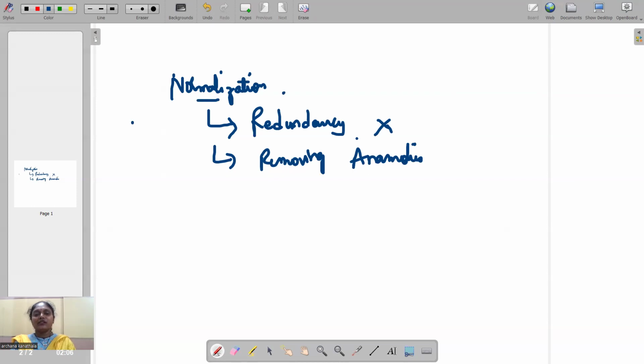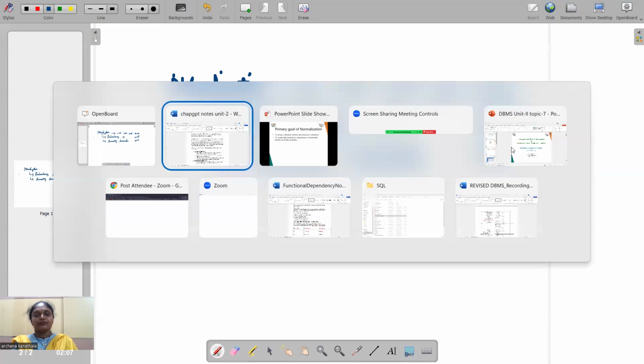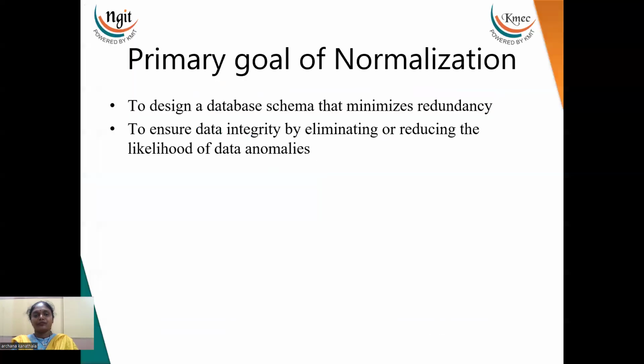Normalization takes place in various phases, which are named first normal form, second normal form, third normal form, BCNF, Boyce-Codd normal form, fourth normal form, and then fifth normal form.